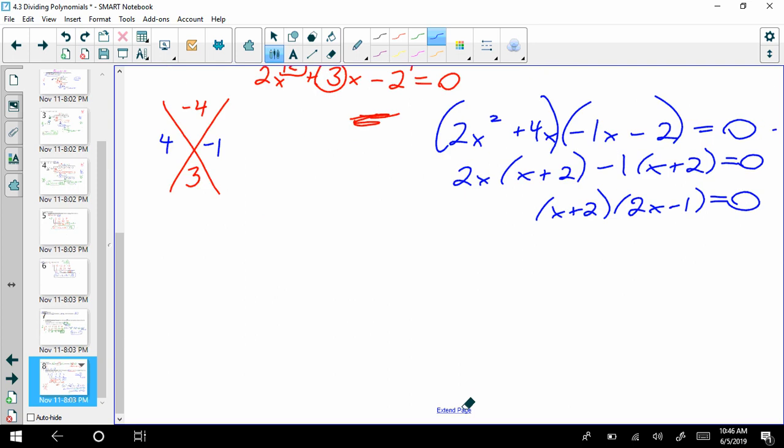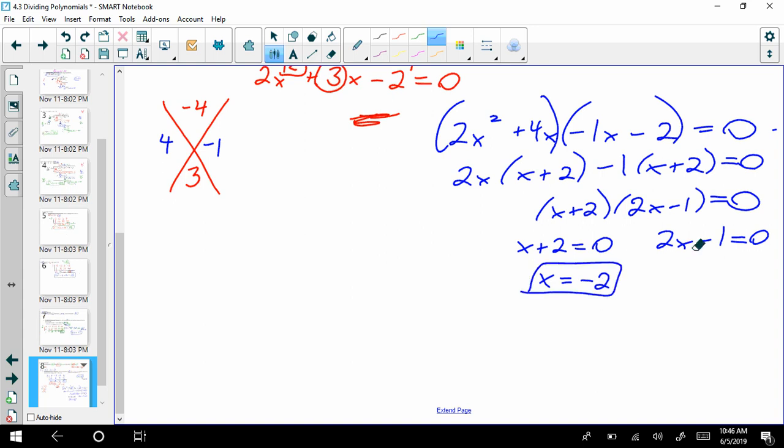And since it actually wants me to solve, I have to finish this. I'm going to set each piece equal to 0. So subtract 2, I get -2. Add 1, divide by 2. There are my other 2 answers.